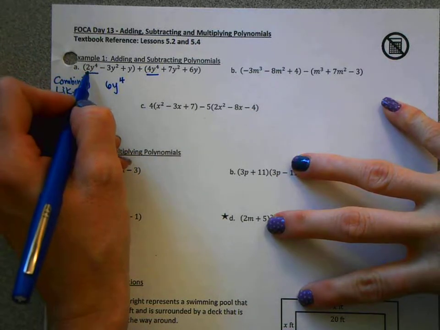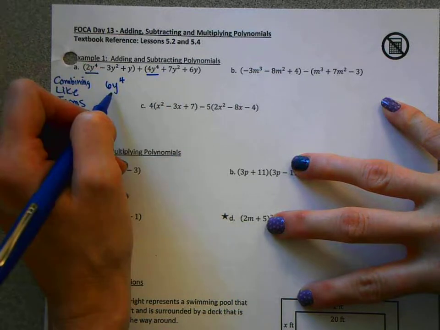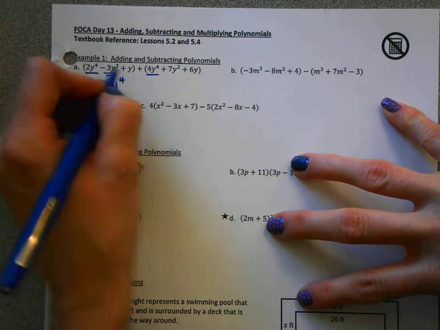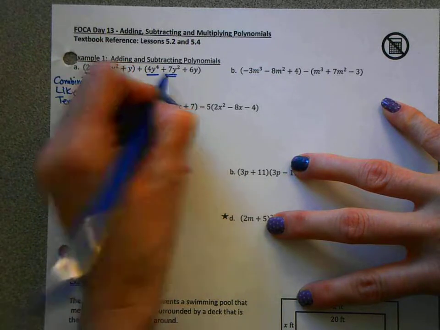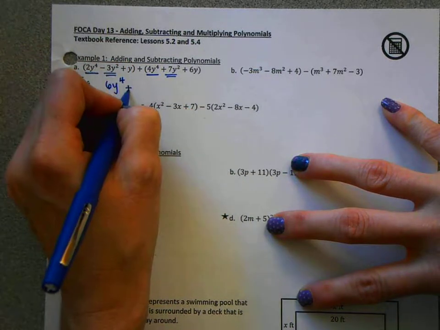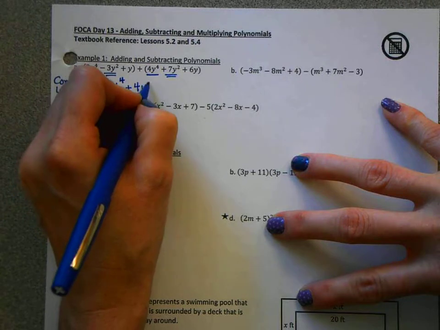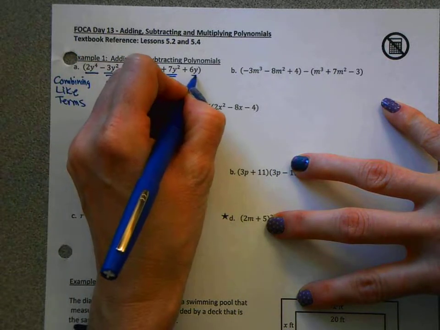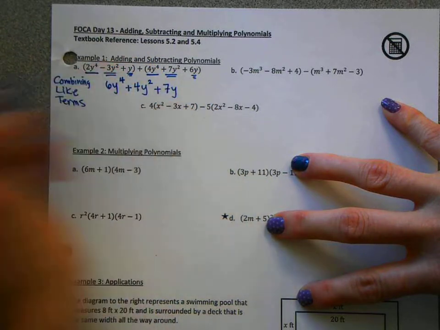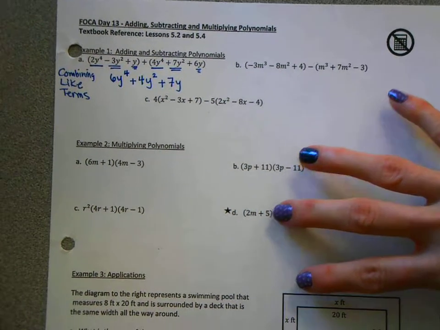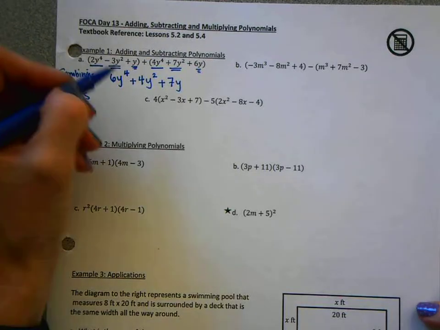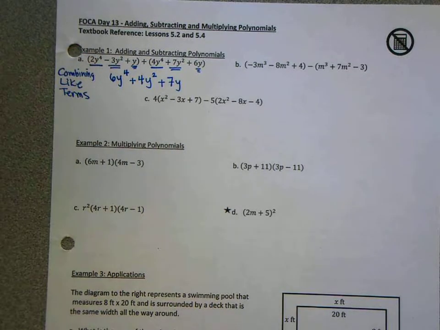The next one we can do are the negative 3y squared and the positive 7y squared, together for a total of positive 4y squareds. And then lastly, we've got a y and a 6y. That's a total of 7y. That's it. There's nothing more you can do with that because each of those are different terms because they have different exponents.